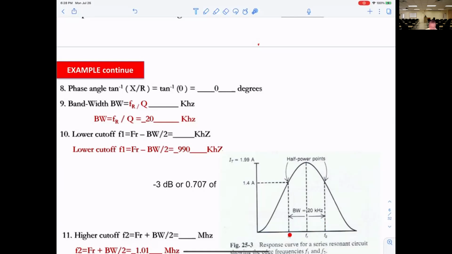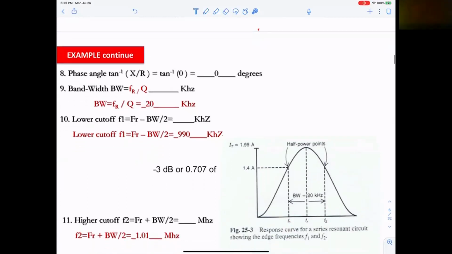Then you can calculate the F1 and you can calculate the F2. F1 equal FR minus bandwidth divided by 2. The bandwidth divided by 2 is 10K, so you can just put 10K in there for both of them. So resonant frequency minus 10K will give you F1, and resonant frequency plus 10K will give you the other side.